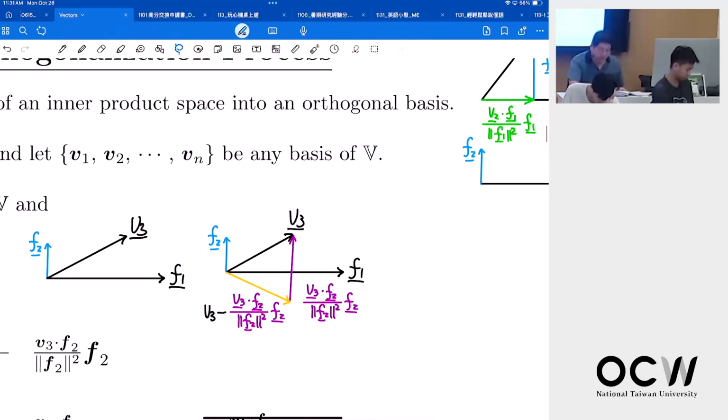The orange one should be v3 minus the vector in the f2 direction. Then I can make sure that this is perpendicular to f2.